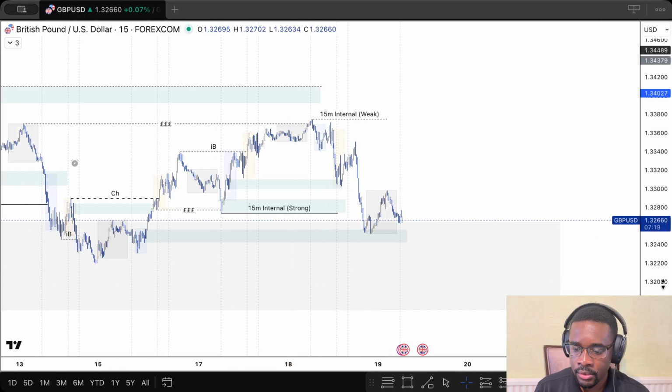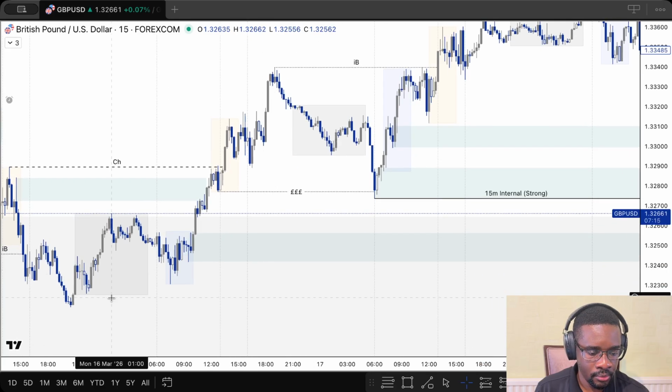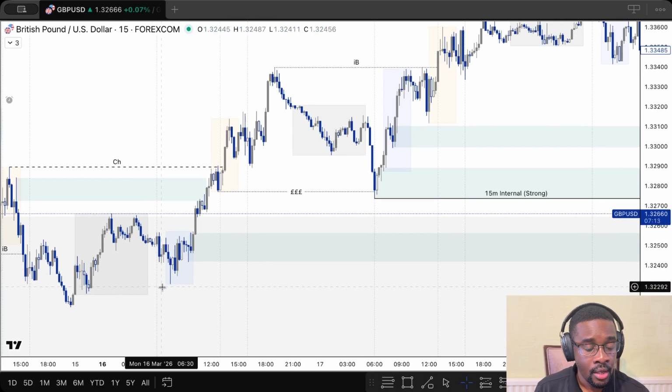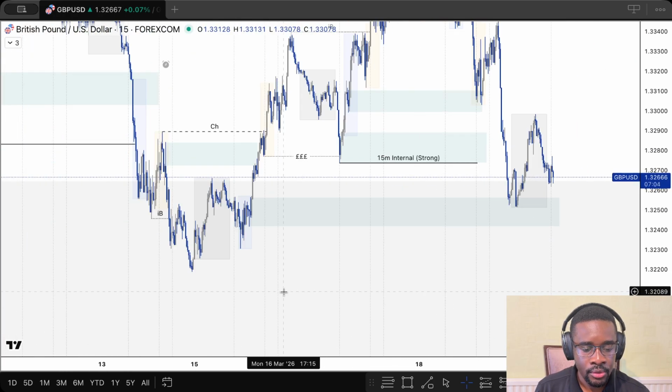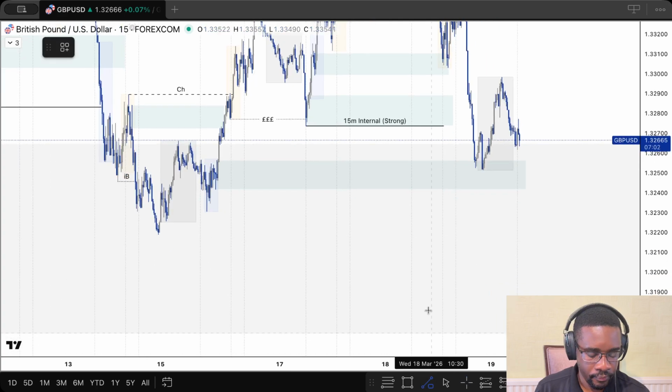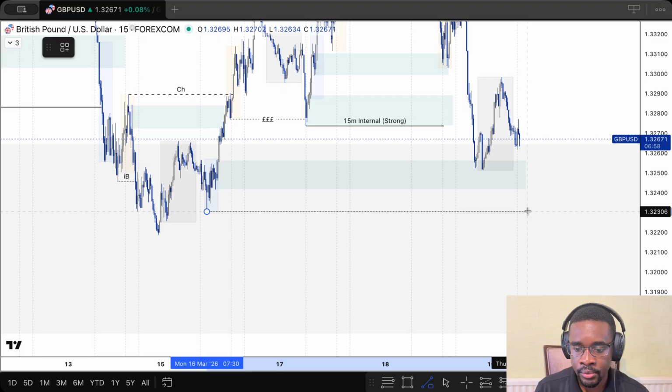So let's look deeper and see what we have here. We have Asia lows, we have London lows, and then we have the swing low. All of these are relatively close to each other. So it is likely that we could see a run of these lows.